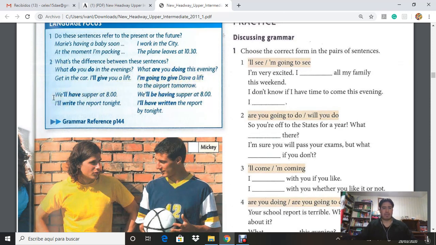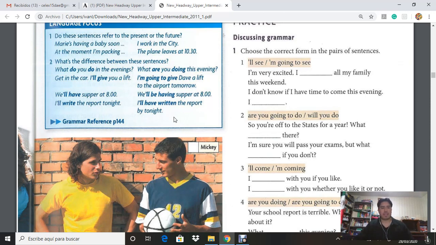The third pair: we'll have supper at 8 o'clock. We'll be having supper at 8 o'clock. The fourth pair: I'll write the report tonight. I'll have written the report by tonight. Well, so you can take around 3 minutes to analyze the sentences and to try to check the difference between them.